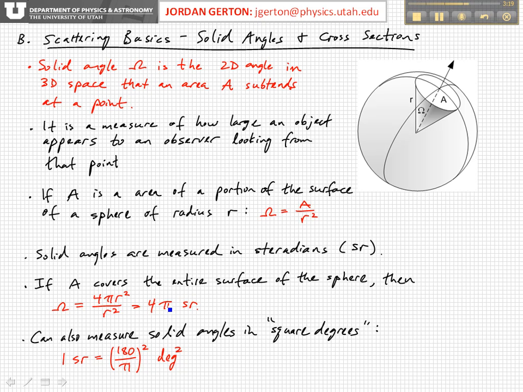So 4 pi steradians corresponds to the full solid angle, the complete solid angle of an entire sphere. You can also measure solid angles in square degrees, and 1 steradian is equal to 180 degrees divided by pi, squared. You can work out that number, but that's how you convert between steradians and square degrees, or vice versa.